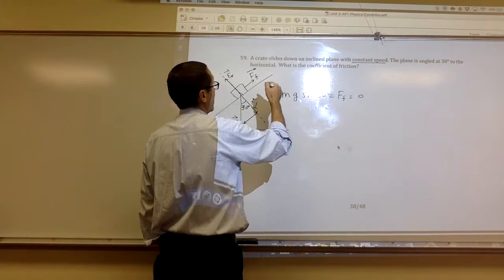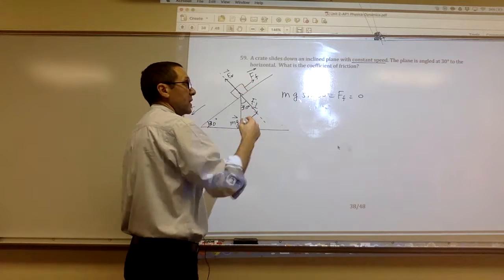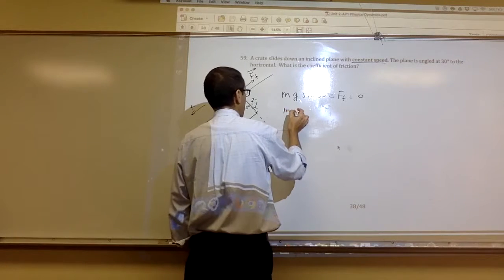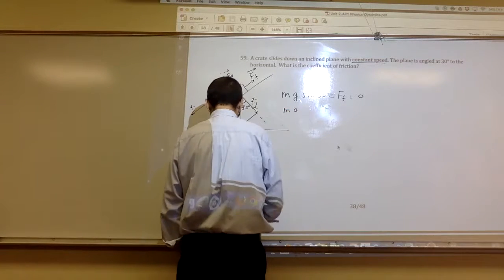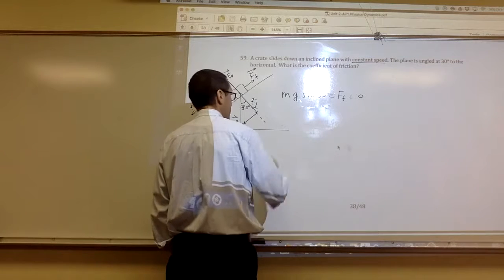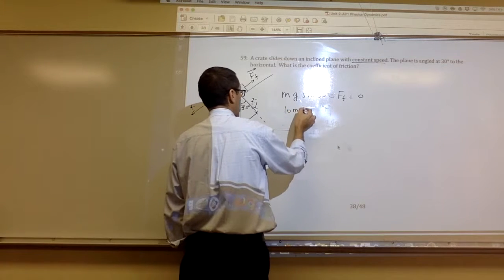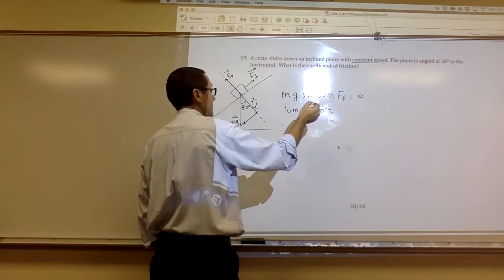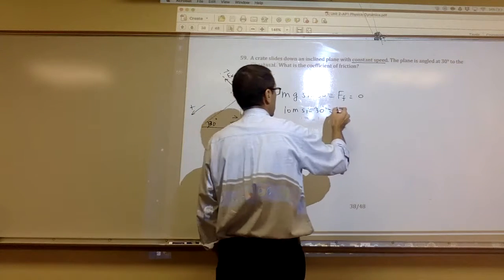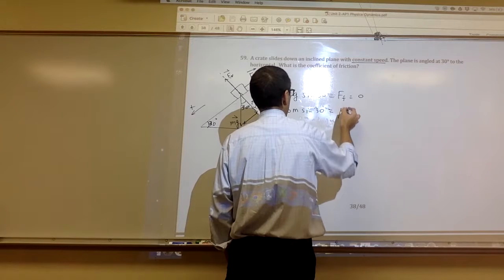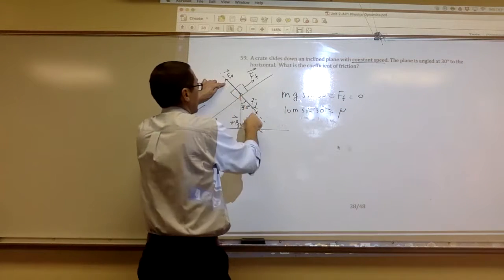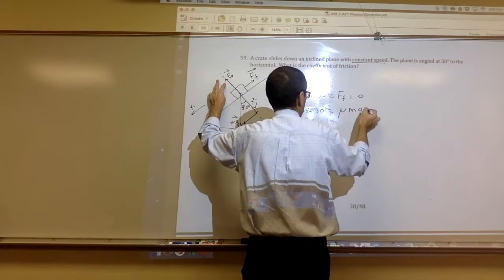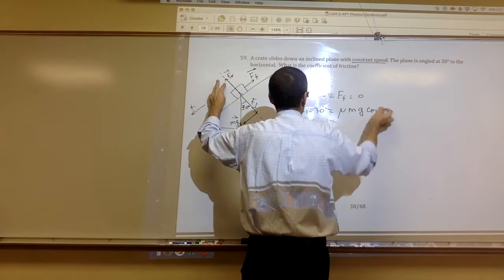Now, it doesn't give us the mass, so hopefully with the algebra we can eliminate the mass. Well, I can do 10m, I can just start putting some numbers in there. So 10m sine 30 equals, I'm going to just move the Ff to the other side, that's mu Fn. Now Fn and the perpendicular component of mg must be equal. So that's mg cosine of 30.